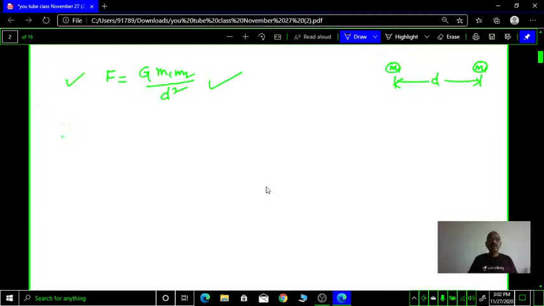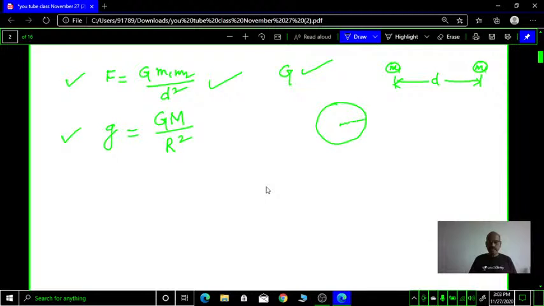Then we know the relation between acceleration due to gravity and the universal gravitational constant. Capital G is the universal gravitational constant, small g is the acceleration due to gravity. Now, what is the relation between small g and capital G? We know G M / R², where R is the radius of the earth.